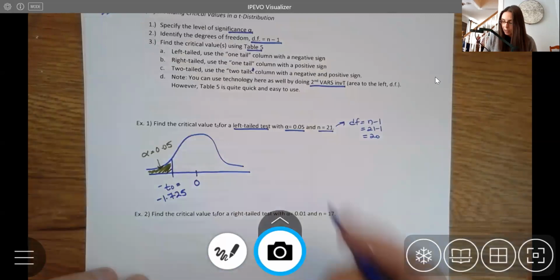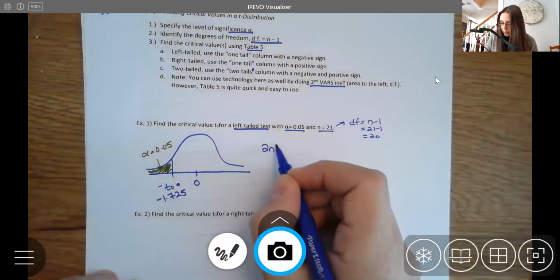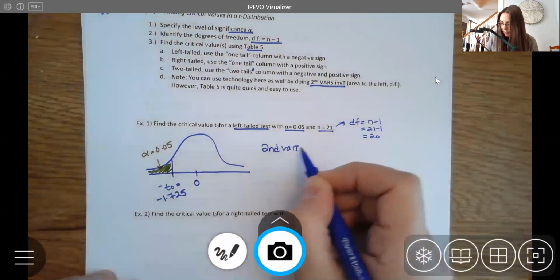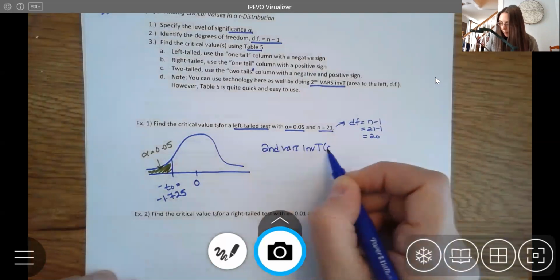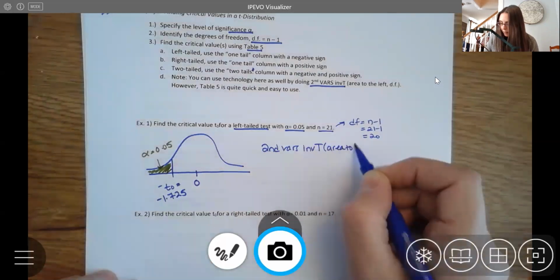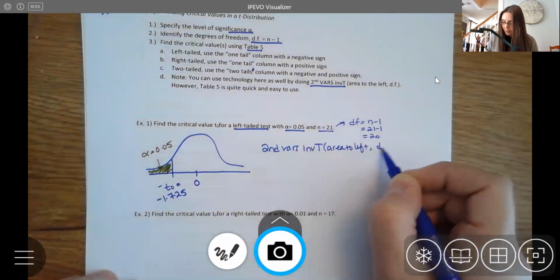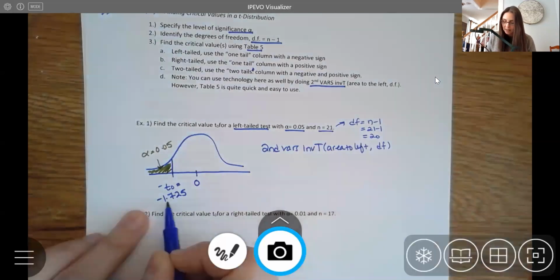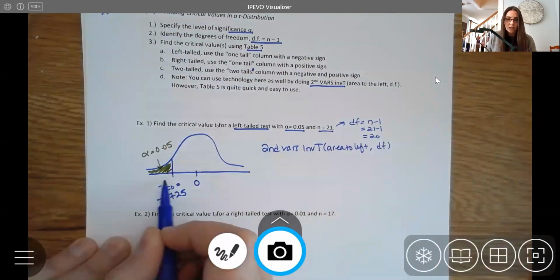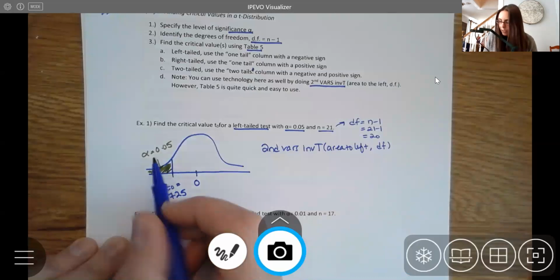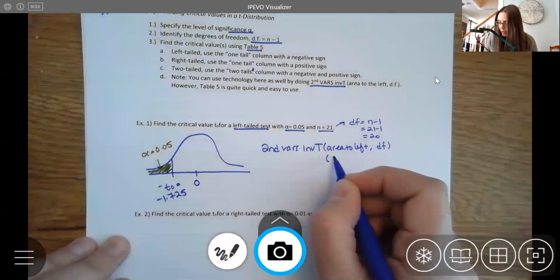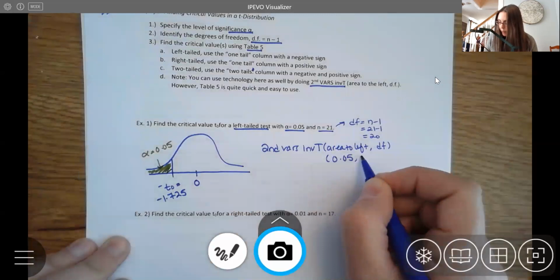If you're using the calculator, you would use second vars, then inverse t, and you do have to give the area to the left, and then you have to give the degrees of freedom. So here, the area to the left of this t value is just 0.05. The left tail tests are pretty easy. So 0.05, and our degrees of freedom here is 20.